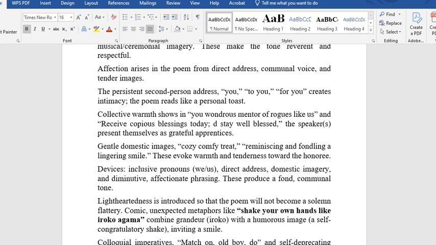Now let's look at the devices used here. We have inclusive pronouns, we, us, direct address, domestic imagery, and diminutive, affectionate phrasing. This produces a fond communal tone.